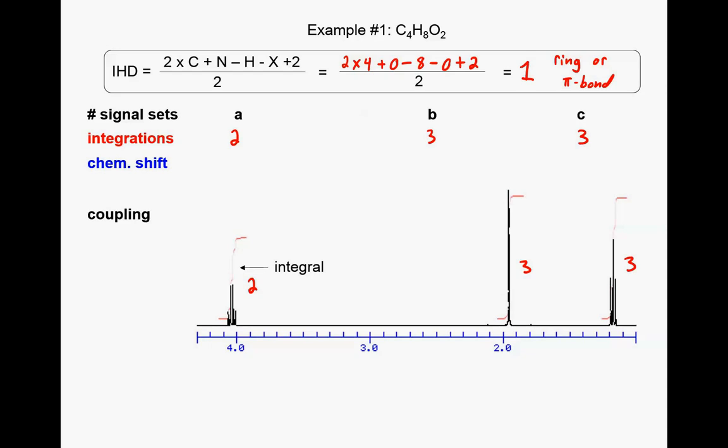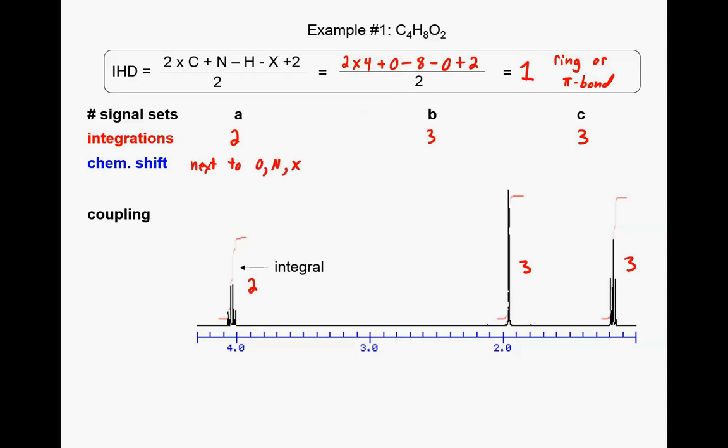Okay, so furthermore, we've got our integrations. We want to think about shifting. Between peaks A, B, and C, which are the most deshielded peaks? It's definitely A, right? We know that because it's downfield. So we've got a peak that's been shifted downfield. When we looked at that last time, we assumed that it's going to be next to something like an oxygen, a nitrogen, or a halogen.